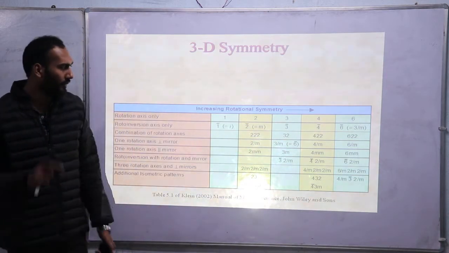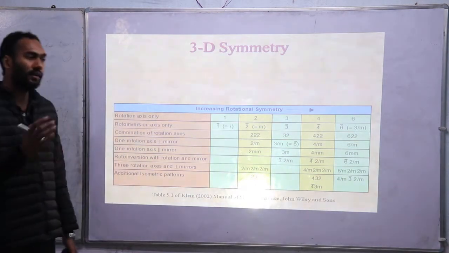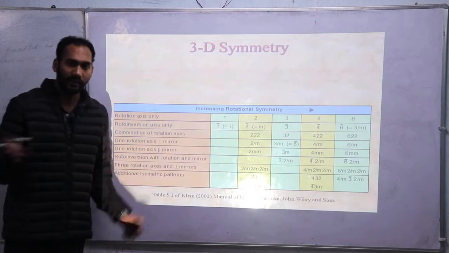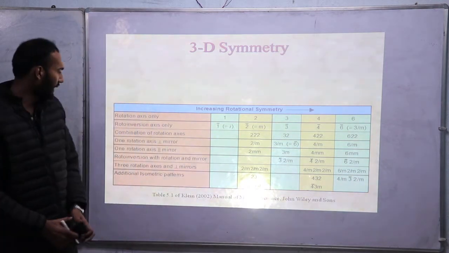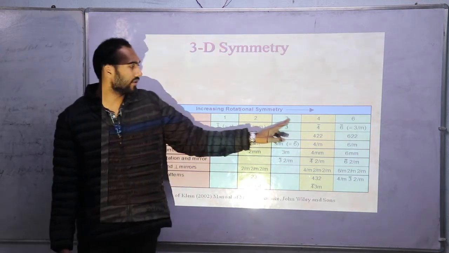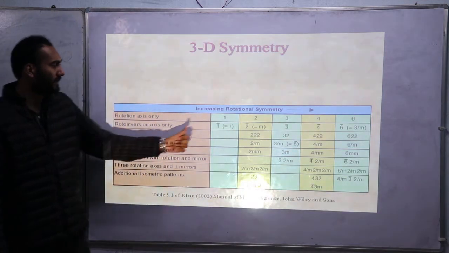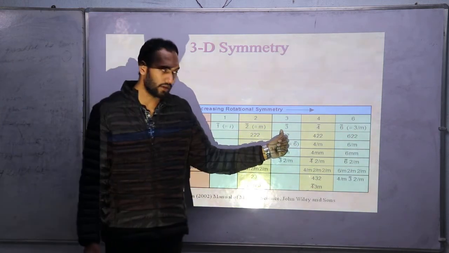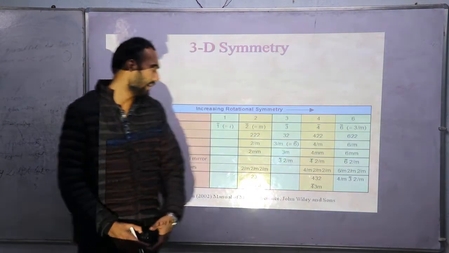I have told you the basic fundamentals are 1, 2, 3, 4, 6, then 1 bar, 2 bar, 3 bar, 4 bar, 6 bar, then combinations of these will give us different forms. If we consider only rotation axes, that will be 1-fold, 2-fold, 3-fold, 4-fold, 6-fold. If we consider roto-inversion axes, 1 bar is the center of symmetry, 2 bar is the mirror plane, 3 bar rhombohedral, 4 bar disphenoid, 6 bar is 3 by m.